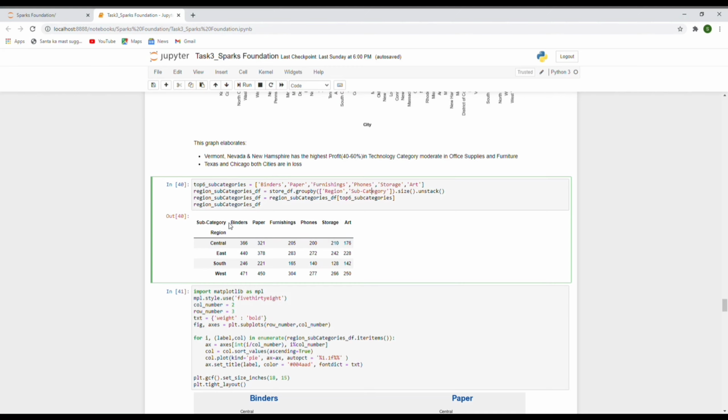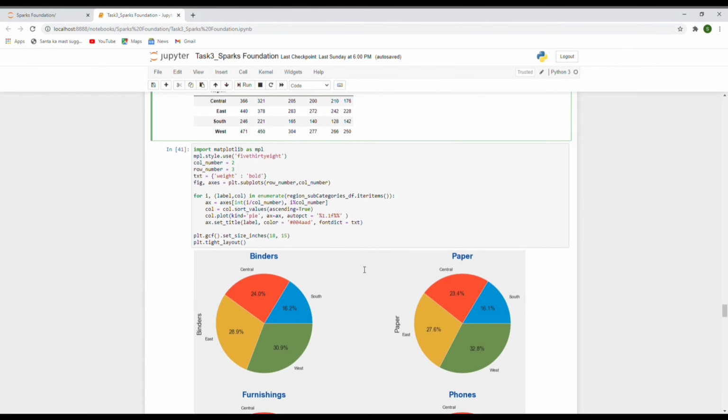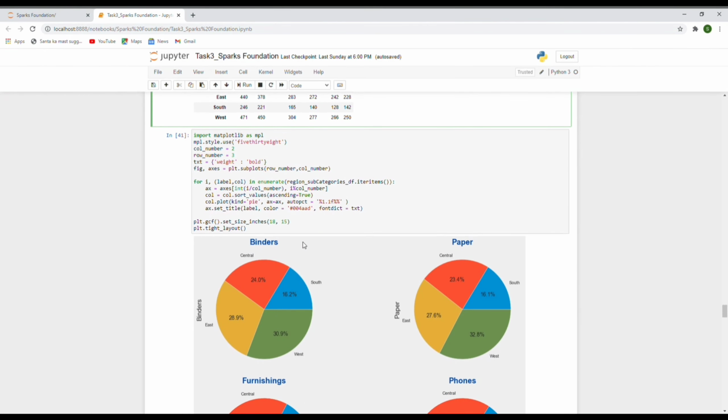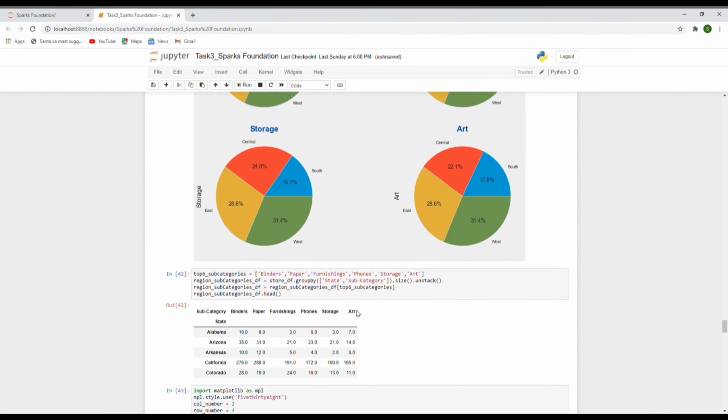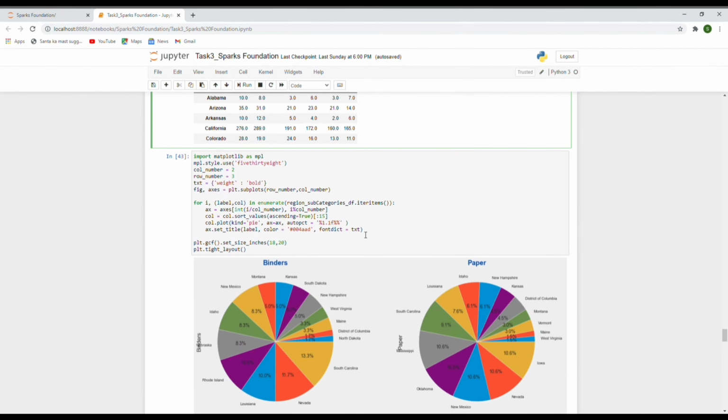So now we have the various subcategories in the various regions. So by using a pie chart, we have observed what percentage of the subcategory comes under which region. Similarly, in terms of state, we have observed by using a pie chart what percentage of the subcategory comes in what state.